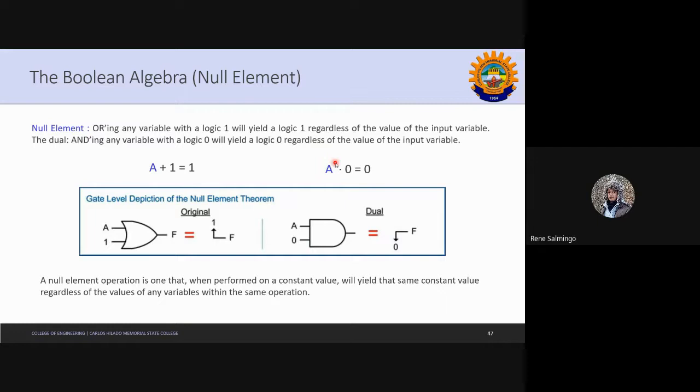So we have A or 1 equals 1, and this is A and 0, which generates 0. So this is 1 and this is 0. A null element operation is one that, when performed on a constant value, will yield the same constant value regardless of the values of the variables within the same operation.